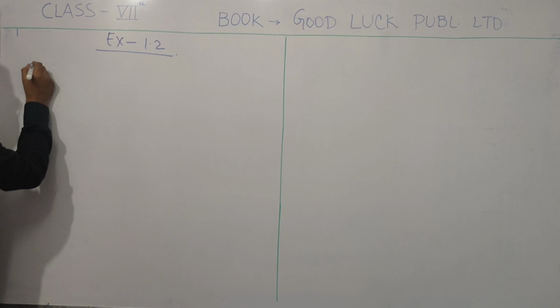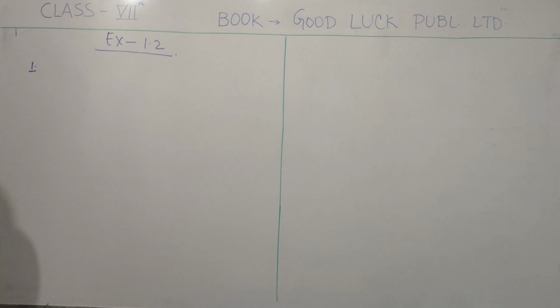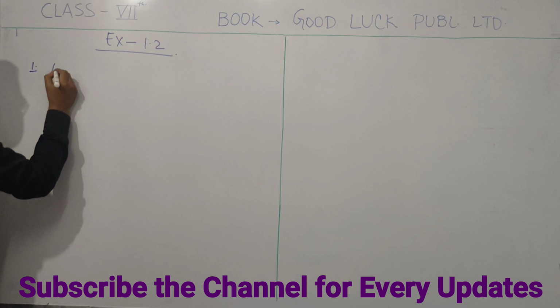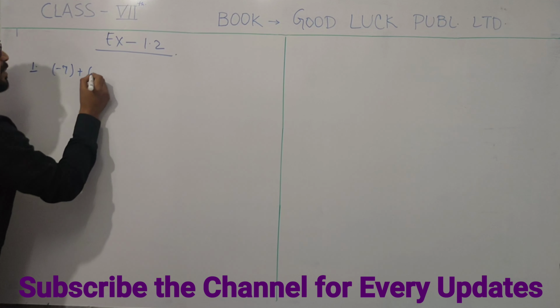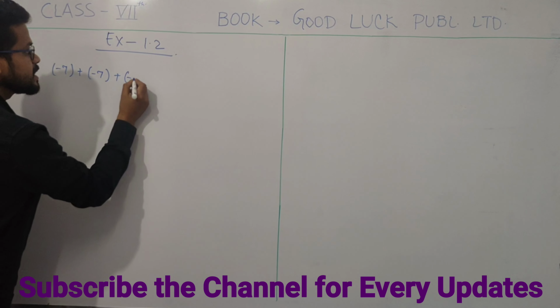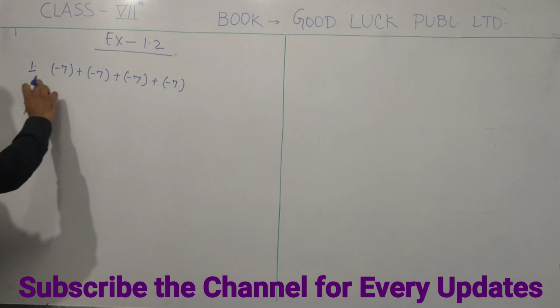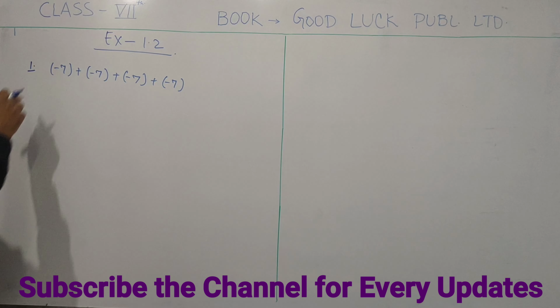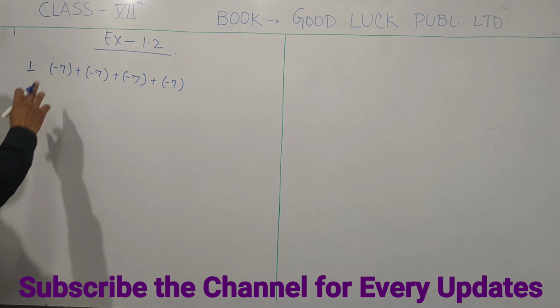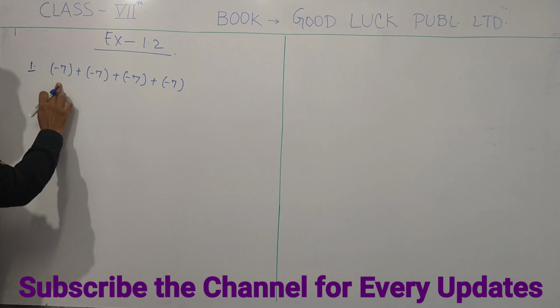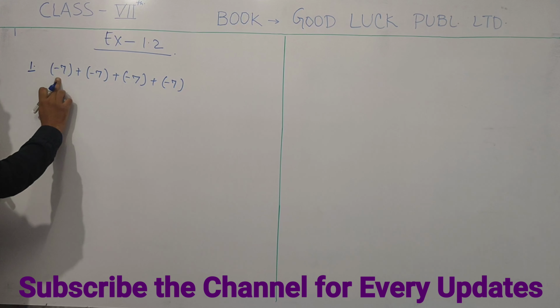So here the first one is -7 plus -7 plus -7 plus -7. We have to find the value of this. You have nothing to do here, just count the number of repetitions.